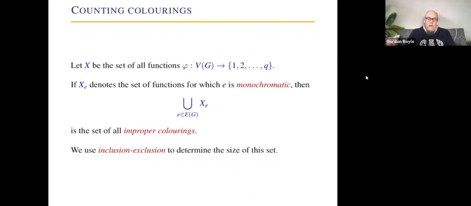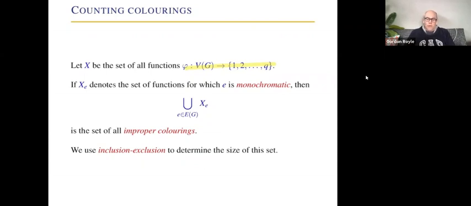So let X be the set of all functions from the vertex set of G to the set 1 through Q. For now, Q is some fixed but arbitrary integer.